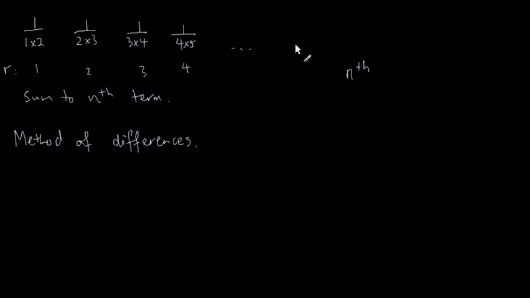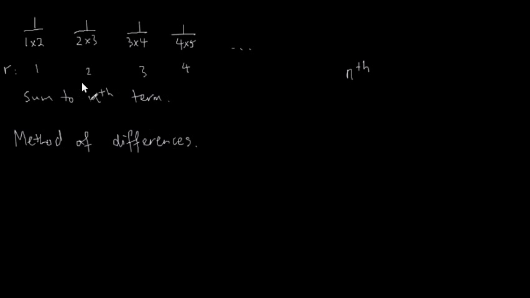This is just one of the examples, and it happens to have a pattern or nature, a property, such that this method of differences can be used. So let's see what this is all about.